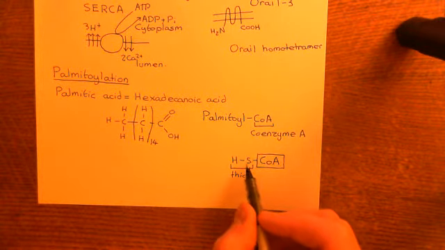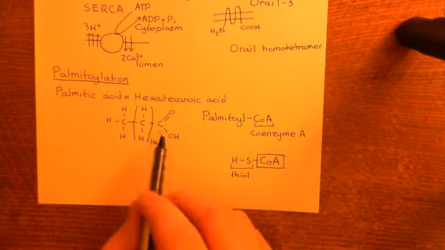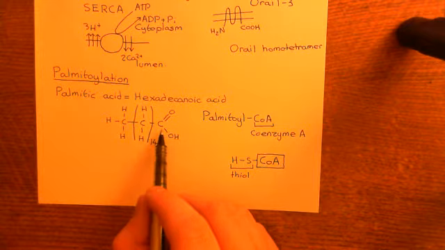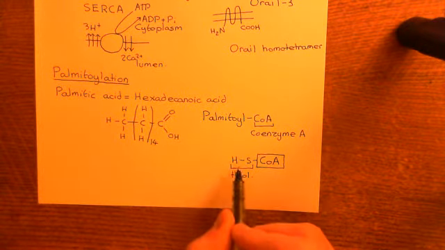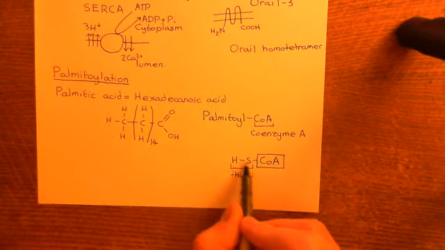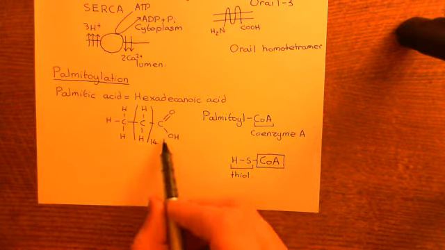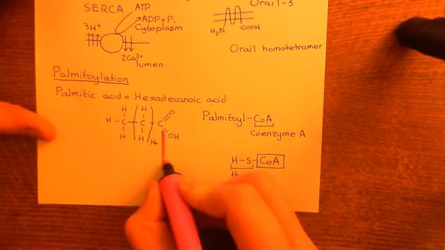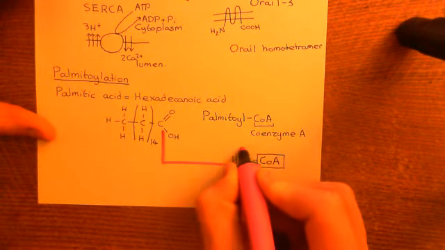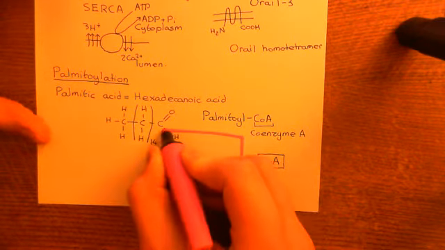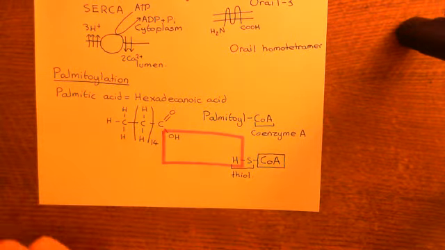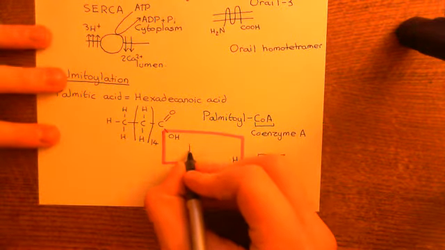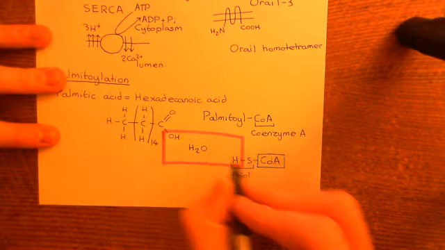Now, if you imagine for a moment that this actually was an alcohol group, you could link coenzyme A to palmitic acid very easily. You could take the hydrogen off the oxygen of the alcohol group, take the alcohol group off this carboxylic acid group, like so, and combine those two together to make water, and this will be called a condensation reaction because it produces water.